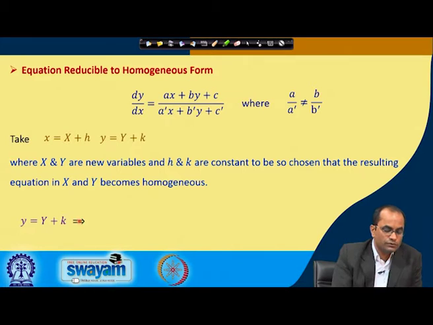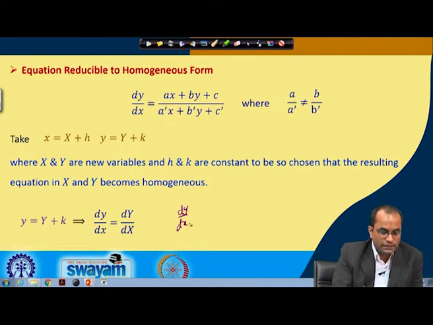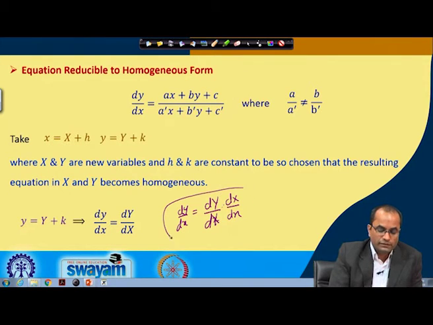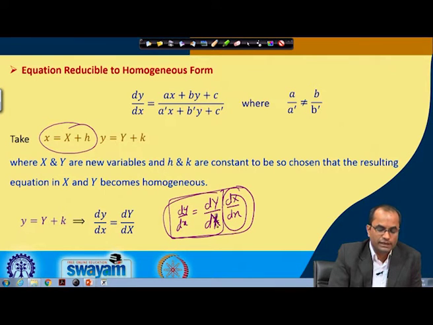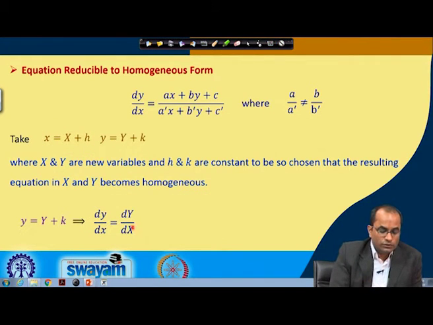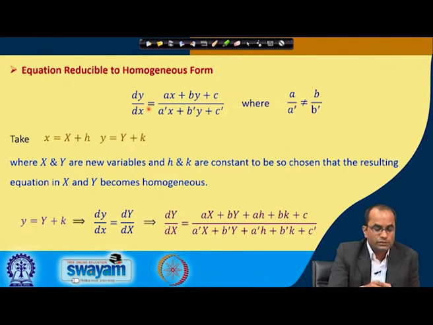So, we have this relation y is equal to Y plus k. From there we can easily get dy over dx is equal to dY over dX, since big Y is a function of big X, and dx over dX will be 1. So, dy over dx is equal to dY over dX, and we can now substitute in this equation.